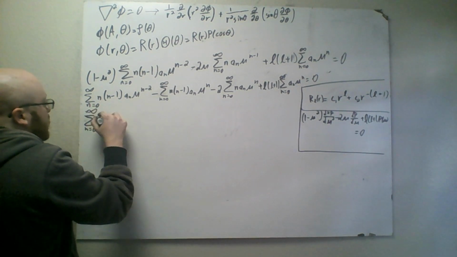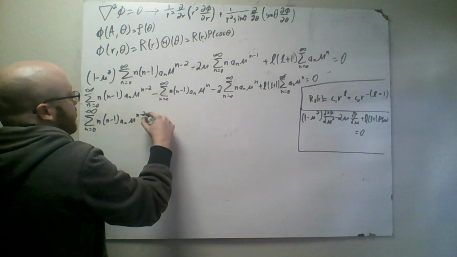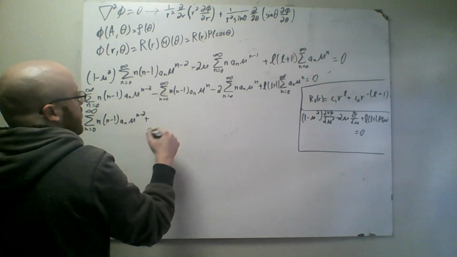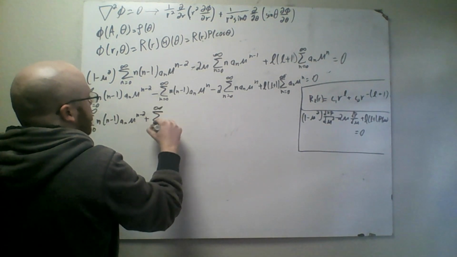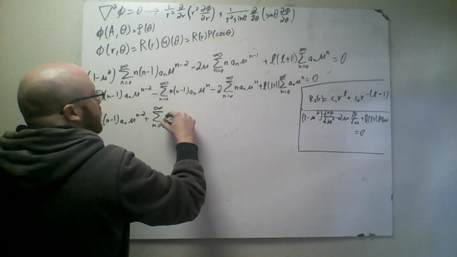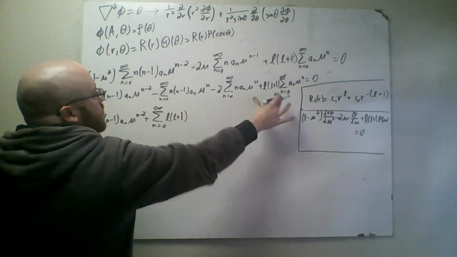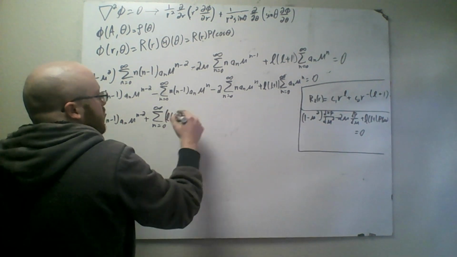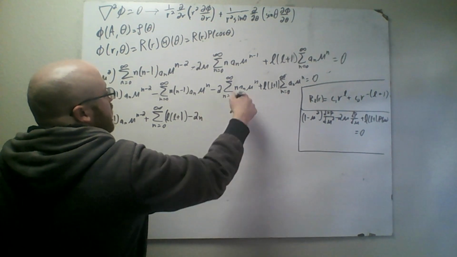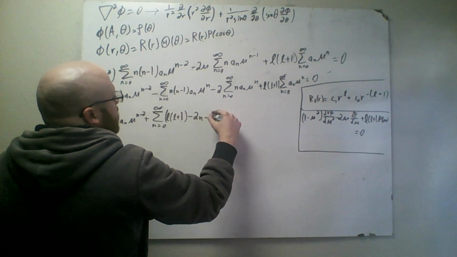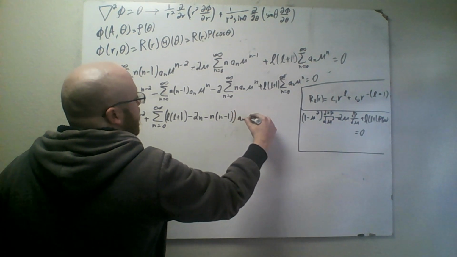So the sum n equals 0 of n times n minus 1 a_n mu to the n minus 2, plus, and then I can do it this way, plus the infinite sum n equals 0 of L times L plus 1, and all these are times a_n too, so that's nice. So it's a_n mu to the n, minus 2n from this guy, minus n times n minus 1 from this guy, all times a_n mu to the n.